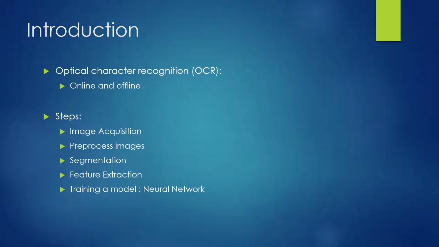There are two types of OCR, online and offline, and we used offline OCR. There are several steps for offline optical character recognition: image acquisition, image pre-processing and segmentation, feature extraction, and using the features to train the model.